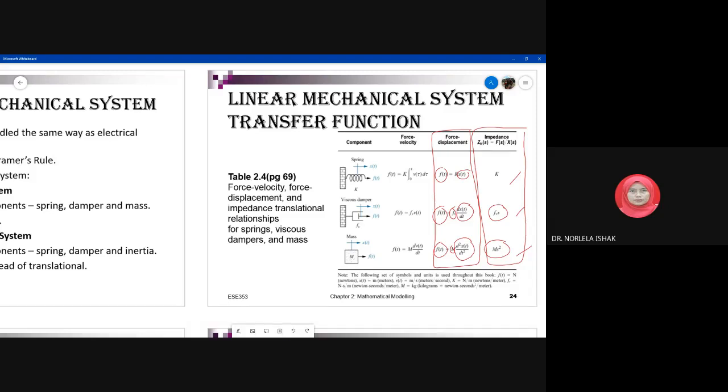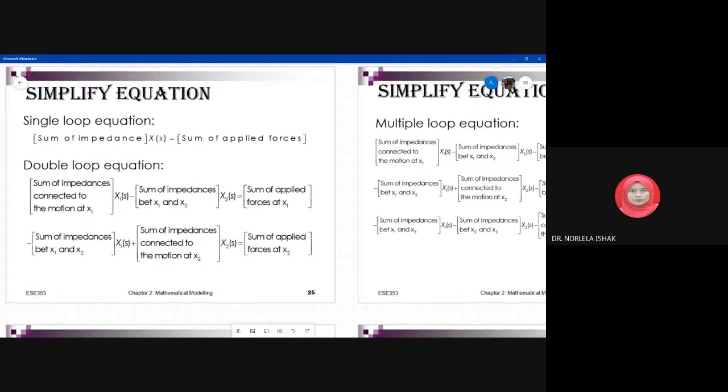So how do we simplify the equation into a single equation?